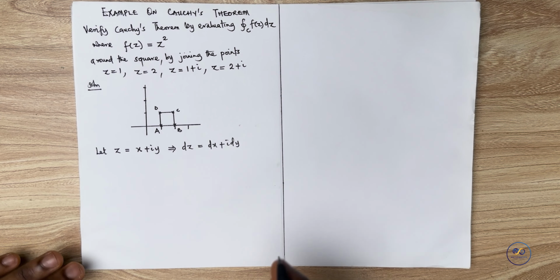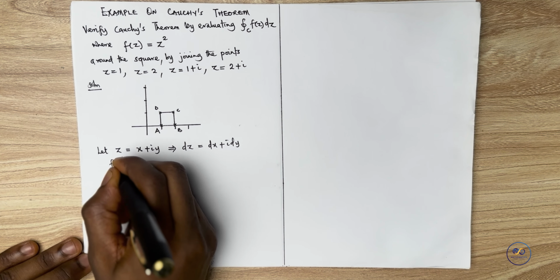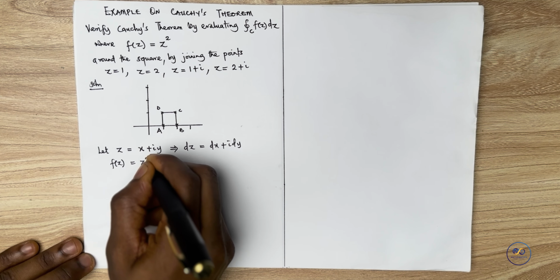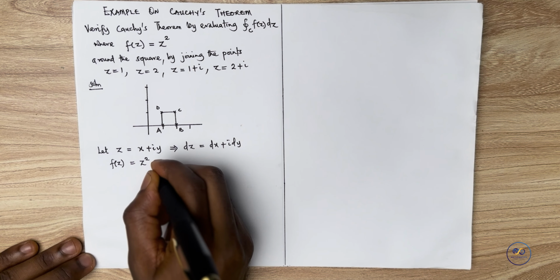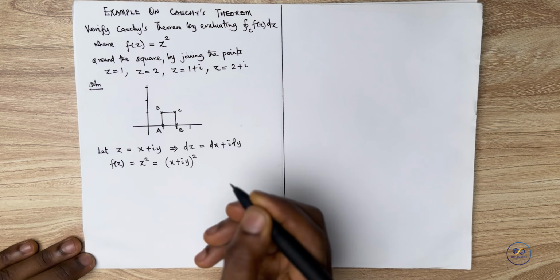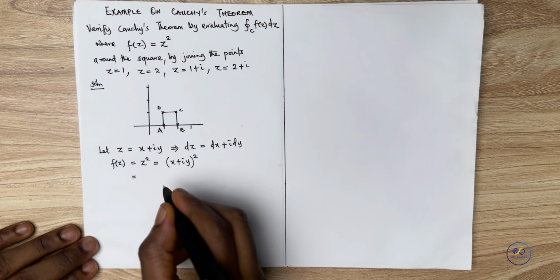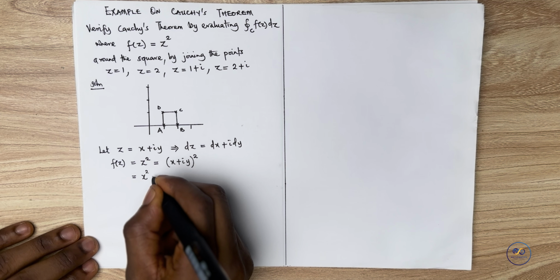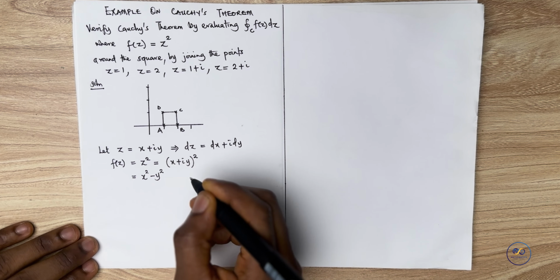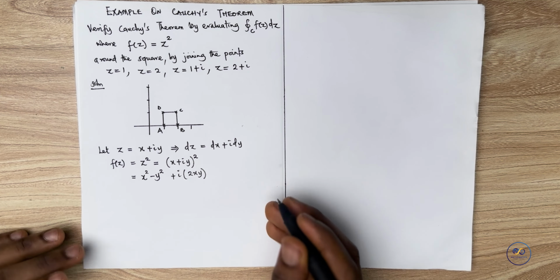Now, in this case, we know that f of z is equal to z squared, which would mean that this is x plus iy all squared. If we expand this, we get x squared minus y squared for the real part plus i 2xy for the imaginary part.